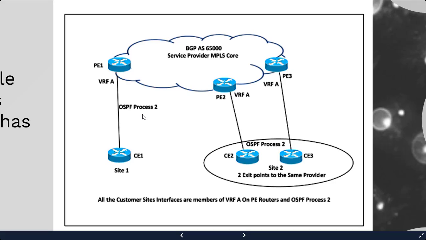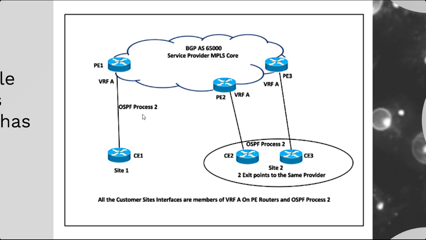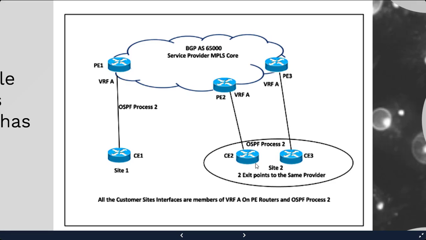With OSPF, if it is configured, it's going to look for the shortest path. Say, for example, from site 1 to site 2, CE2. When the packet goes through here, it's going to evaluate which one has the shortest path going to the CE2 router.